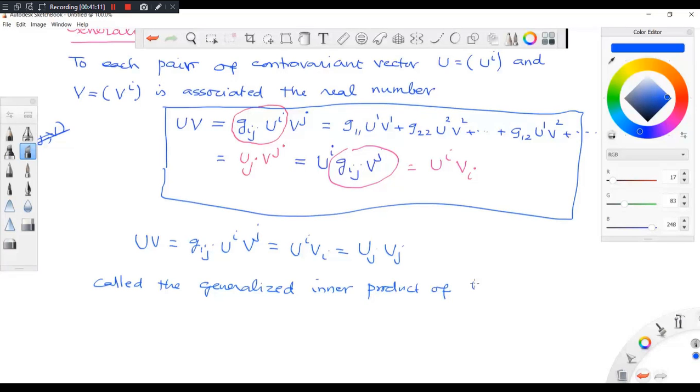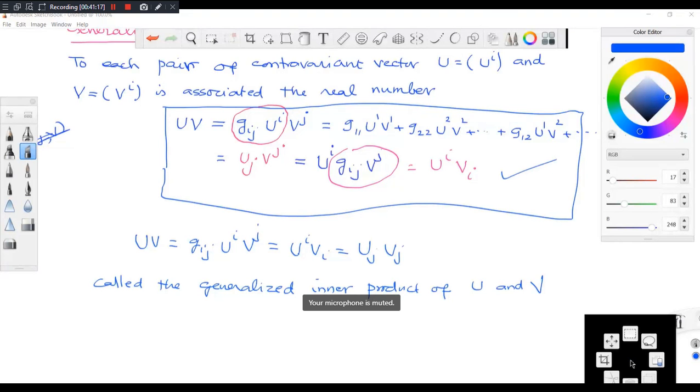After this, write the continuation, then write the description on the side. Similarly, I can define it for covariant vectors also.